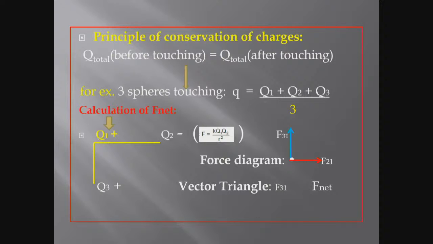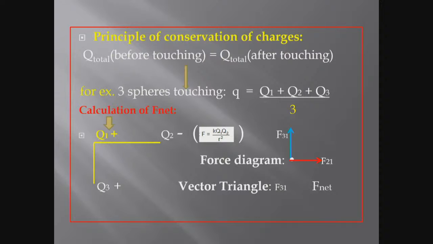In every calculation for F net using Coulomb's law, when three charges are given, if it's linear or at right angles, you must first draw a force diagram. In physics, a force diagram is very, very important, also in this instance. So now you will see, if you look at the force that Q2 exerts on Q1, Q2 is negative, Q1 is positive.